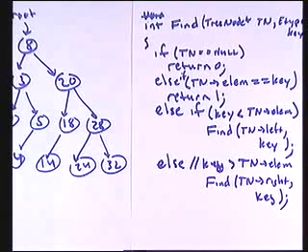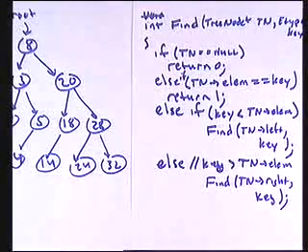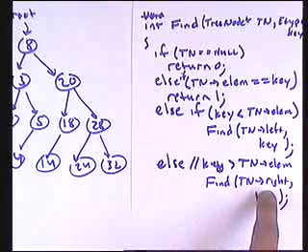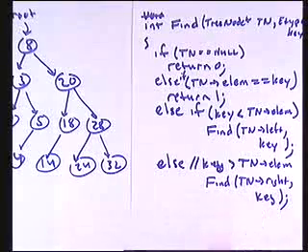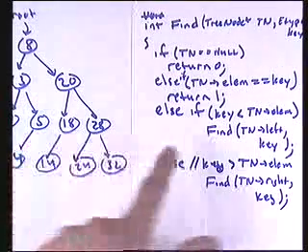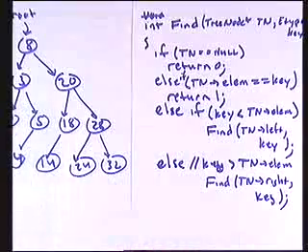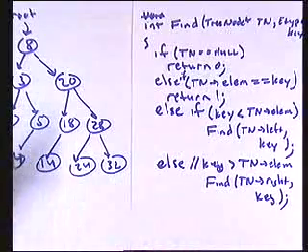Since 5 is not less than 3, then it must be greater, and so that means I search down here on Tn, which is 3's right pointer, and pass in 5. So my third recursive call would have this pointer as Tn, and I would say I'm searching the subtree pointed to by this pointer for 5, and then my second case would trigger, and I'd say, well, return 1, because you found 5. And I return 1 back to the second recursive call, and it sort of sits there.